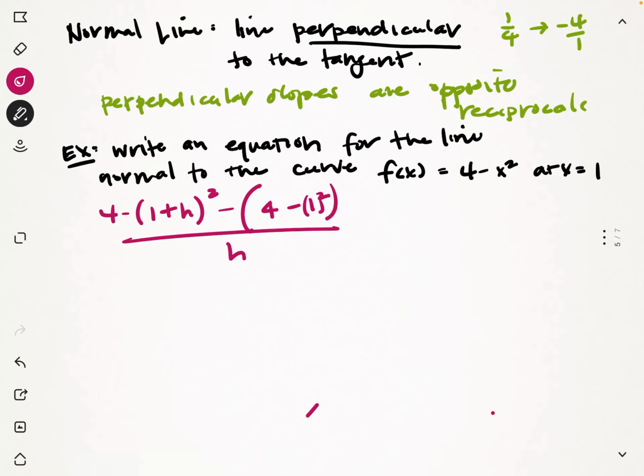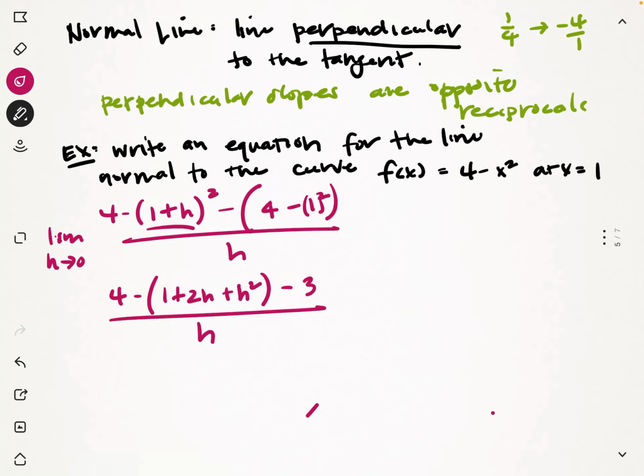Okay, let's expand it. We're trying to find the limit as h goes to 0. 4 minus, let's expand this, 1 plus 2h plus h squared, minus 4 minus 1 squared, which is 3, over h.